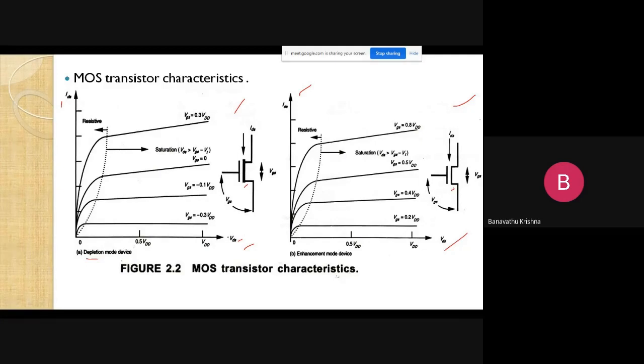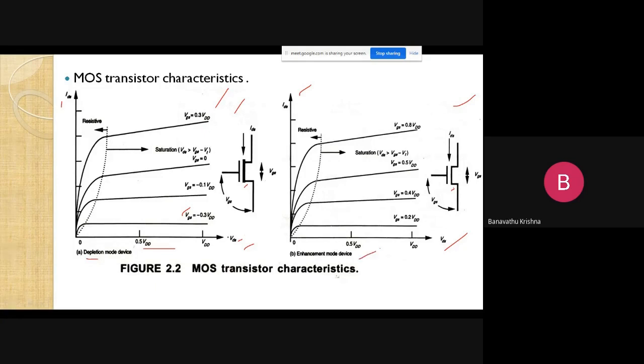In depletion mode the channel is already available between source and drain, so we need to remove the channel. For that we apply a negative voltage at the gate, that is VGS equal to minus 0.3 VDD, VGS equal to minus 0.11 VDD, and then VGS equals 0. Based on different values of these, the current will go like this.